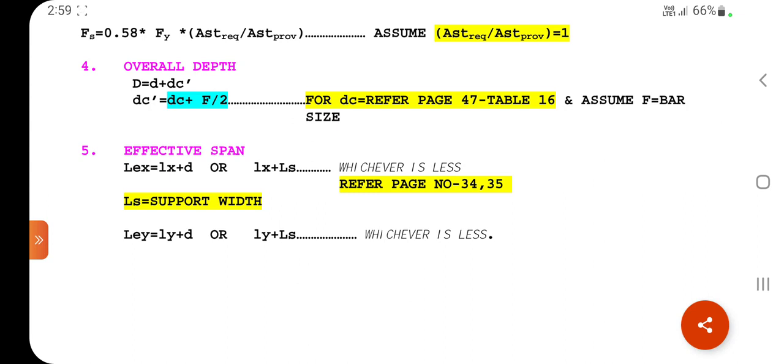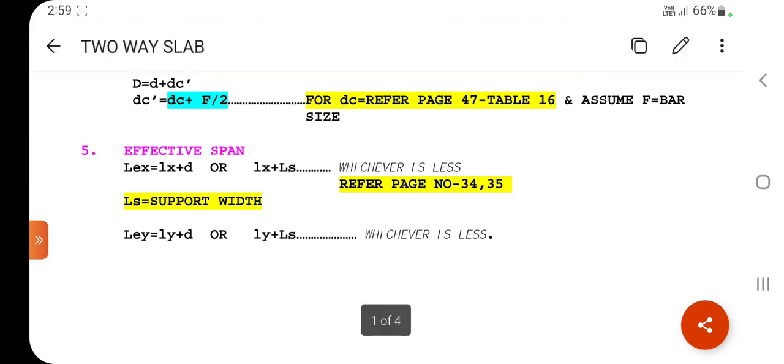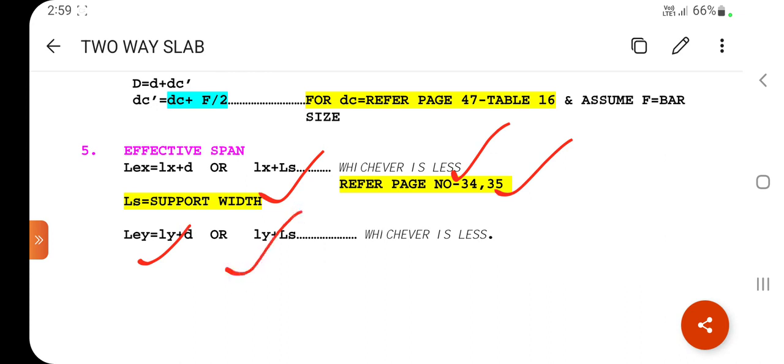Effective span Lex is equal to Lx plus d or Lx plus Ls, whichever is less. If you refer to page numbers 34 and 35, you will get this formula over there. Or Ley is equal to Ly plus d or Ly plus Ls, whichever is less.